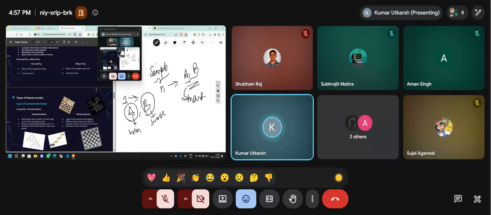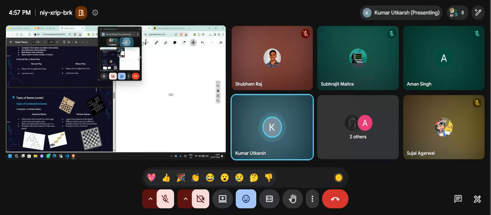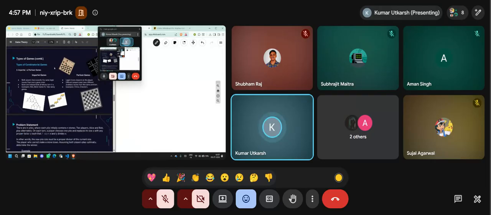Else, there can be a misère game where the one picking the last one loses. It's the opposite of the normal game, but not completely opposite, just in the theoretical sense. Last move loses in misère play, and last move wins in normal play. This is the only thing we need to remember, because if you miss that detail, we will get into trouble.